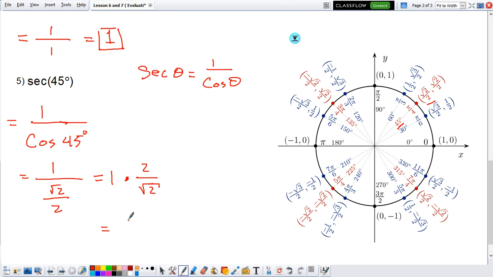So now this becomes 2 over square root of 2, oops, that's a 2, not a 3. You don't want the square root in the denominator, so you've got to rationalize that. So now this becomes 2 square root of 2 over 2, which just becomes square root of 2.